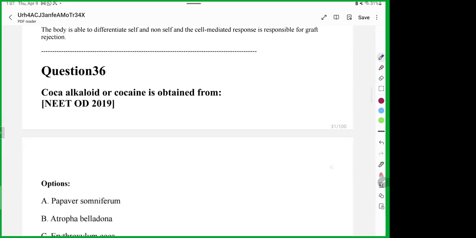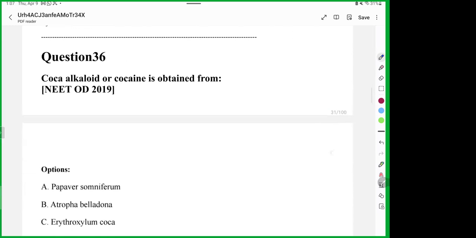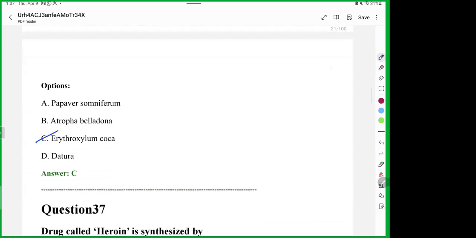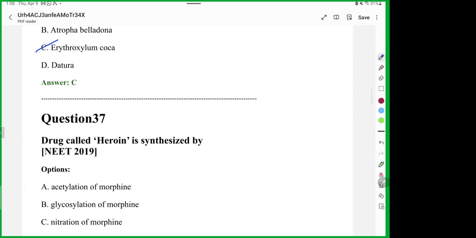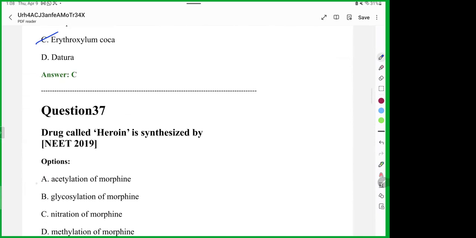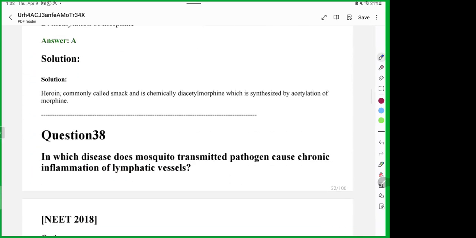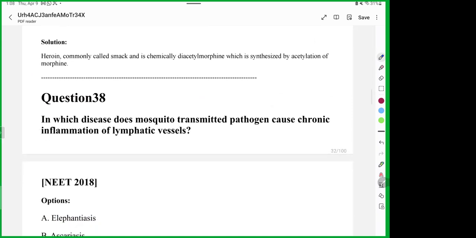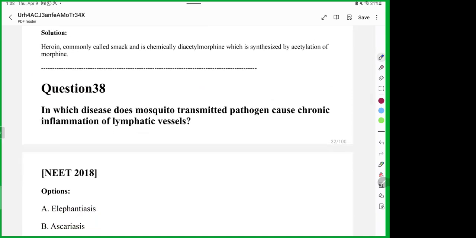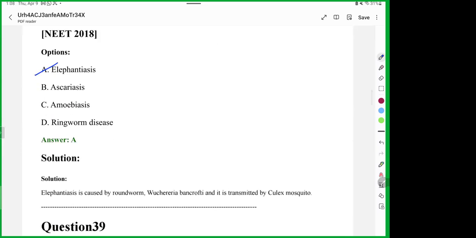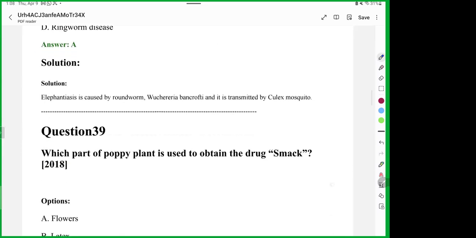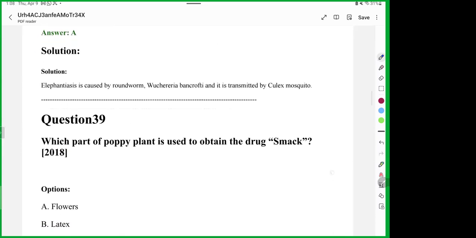Coca alkaloid. Okay. Cocaine is obtained from Erythroxylum coca. C. Drug heroin is synthesized from the acetylation of morphine. Which mosquito-transmitted disease causes chronic inflammation of lymphatics? Elephantiasis. And keep giving answers. Part of the poppy plant from which one obtains smack, latex.